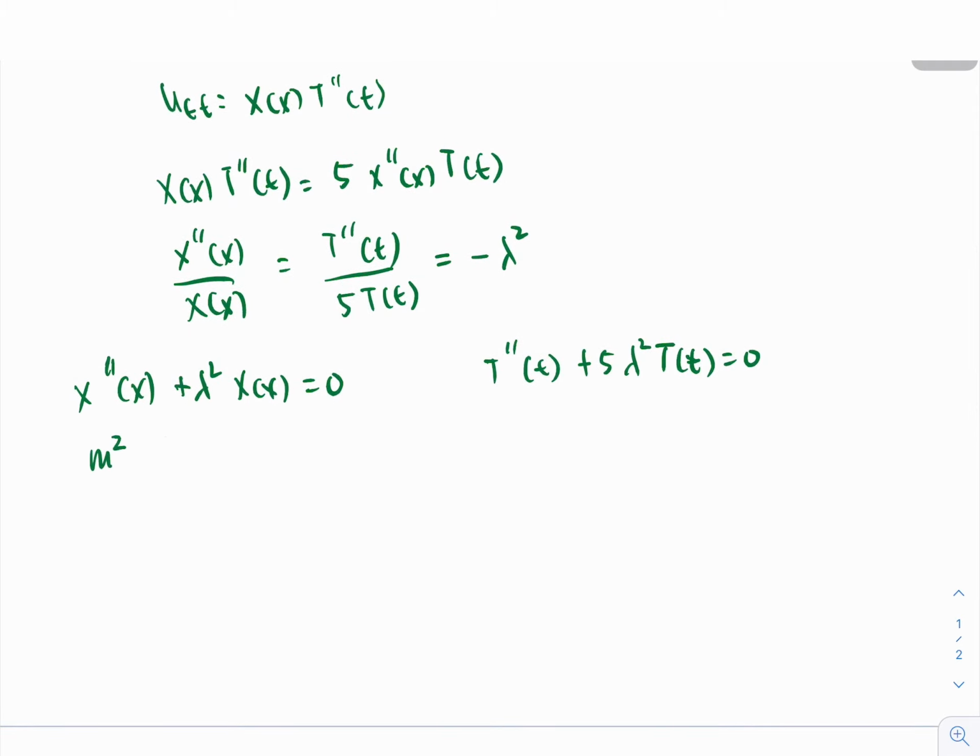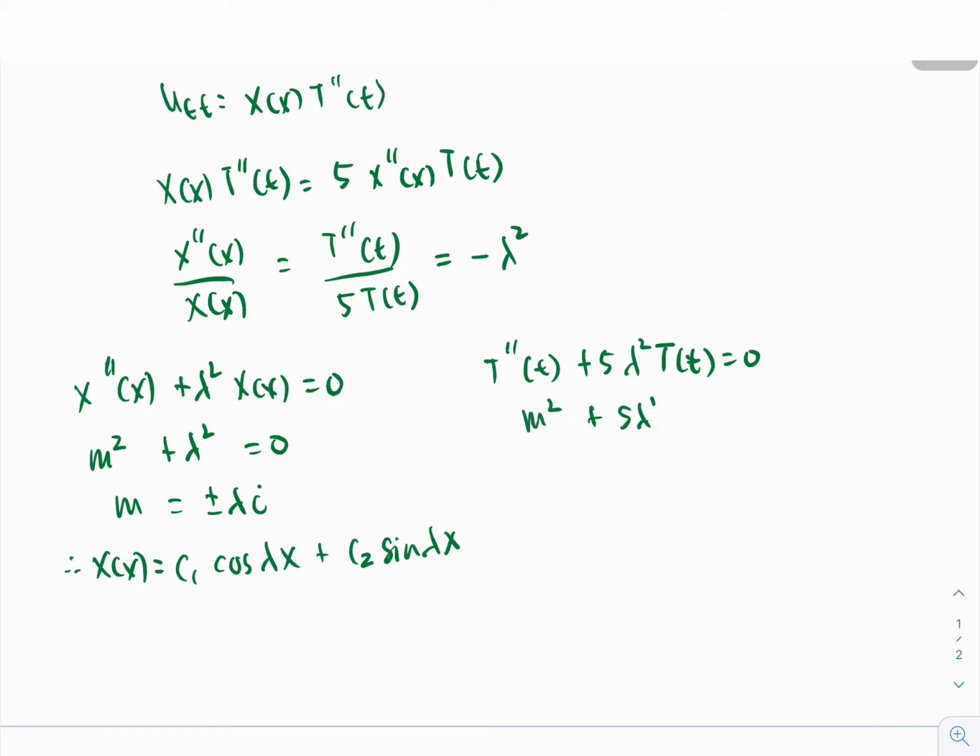So we can find the characteristics from the auxiliary equation. We'll have m squared plus lambda squared equals 0, therefore m equals plus or minus lambda i. Therefore our X is c1 cos lambda x plus c2 sin lambda x, and for T, m squared plus 5 lambda squared equals 0, m equals plus or minus root 5 lambda i.